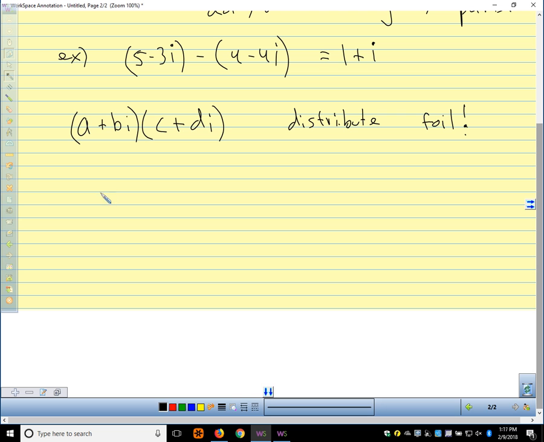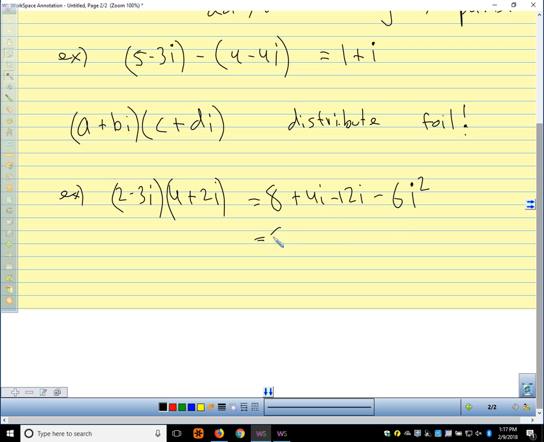So let's say we have 2 minus 3i times 4 plus 2i. So we're going to multiply this out. Our first, we get 8. Outside, we get 4i. Inside, we get negative 12i. And for my last, I get negative 6i squared.